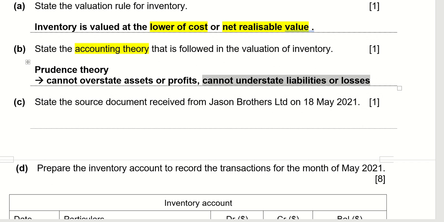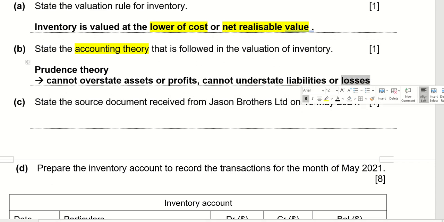In the same way, you cannot understate your losses. If you have already made a loss of $200 because your inventory lost value of $200, you cannot say that, oh, I didn't make any loss at all. That is understating your loss. So the prudence theory says that you cannot overstate your assets, you cannot overstate inventory, and you cannot understate liabilities or losses. You cannot understate impairment loss on inventory.